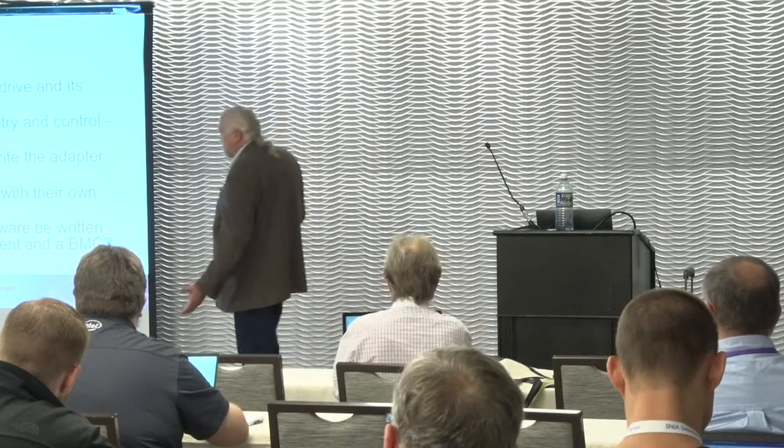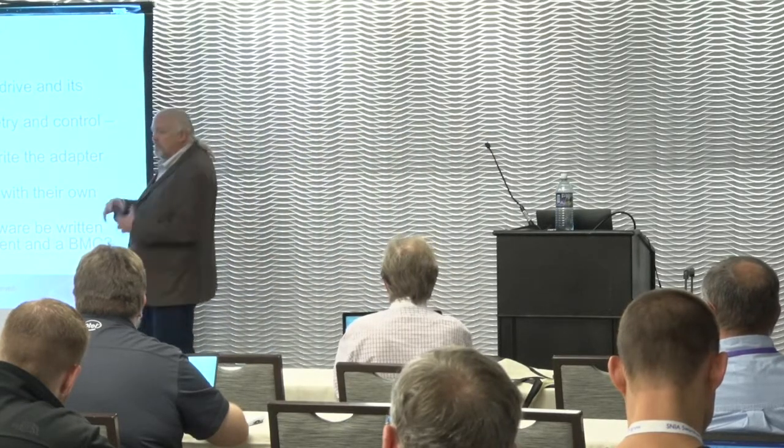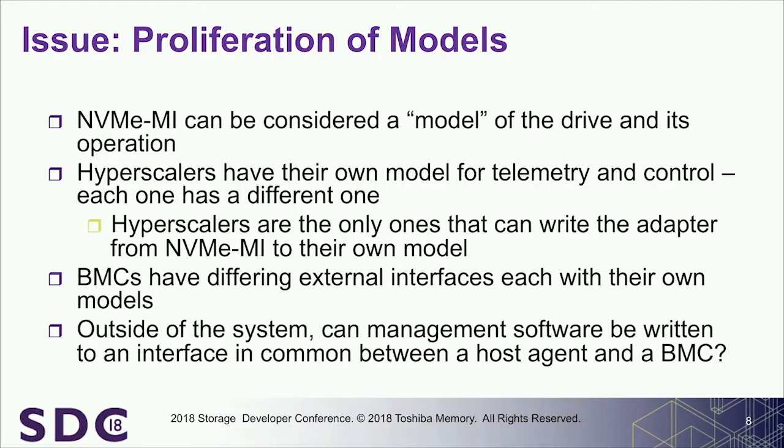But the real issue is there's this proliferation of models, because NVMe-MI is a model. It's the old bit packing kind of model where this field and this bit means this particular thing, right? And again, that's historical. That's the way SCSI and ATA have done it for decades. So why not?